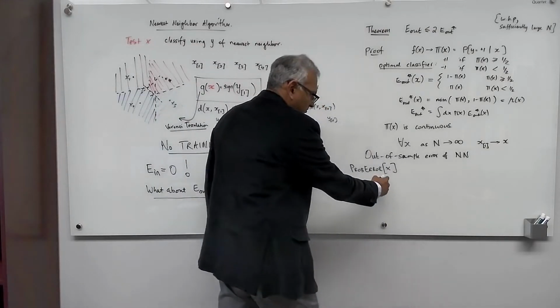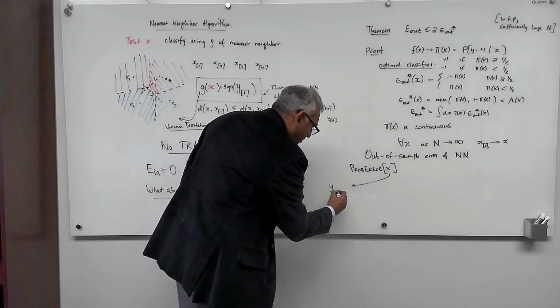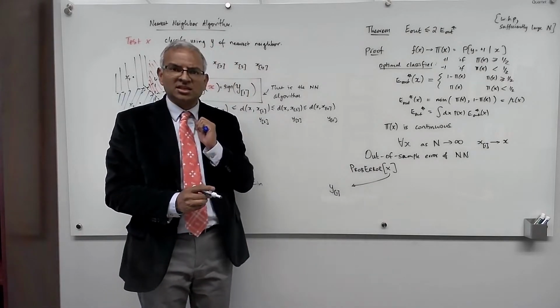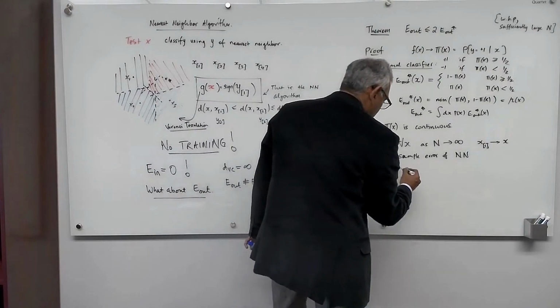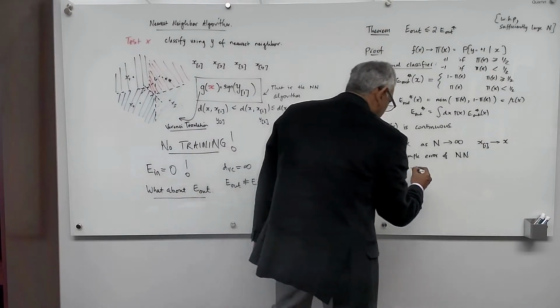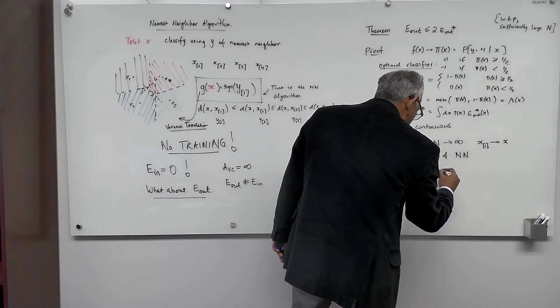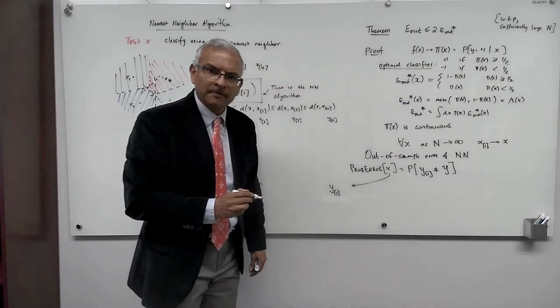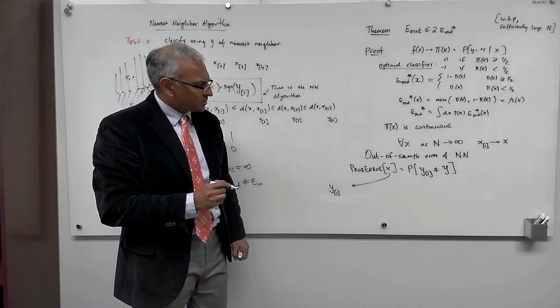So what is the classification for X? The classification for X is Y1, where X1 is the nearest neighbor to X in the data set. So the probability of error is equal to the probability that Y1 is not equal to Y. Let's analyze this.